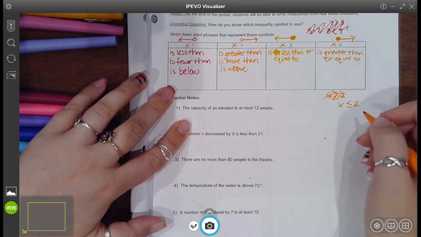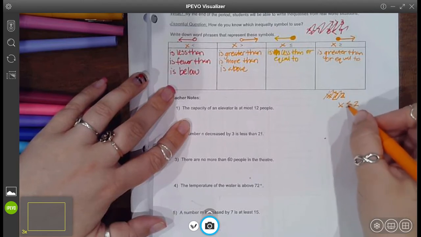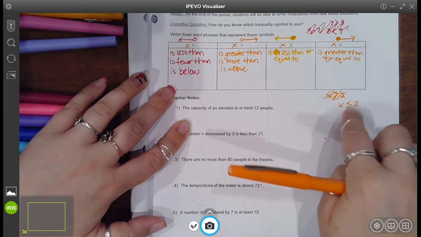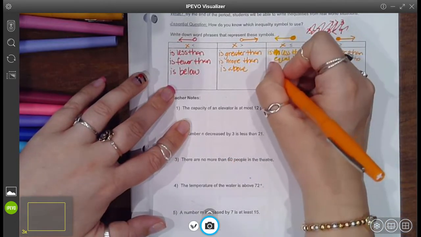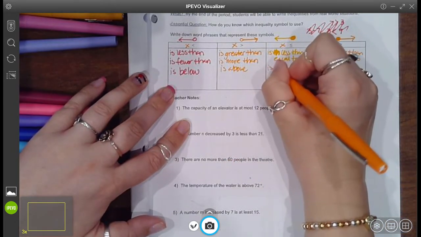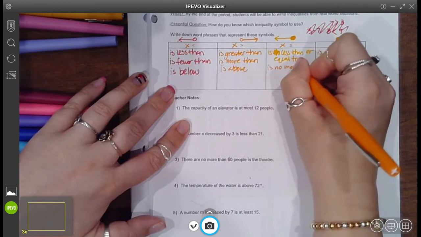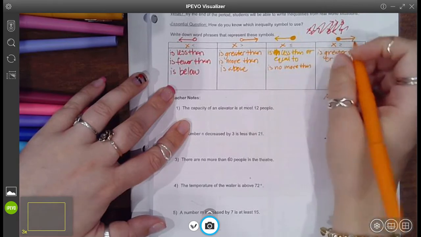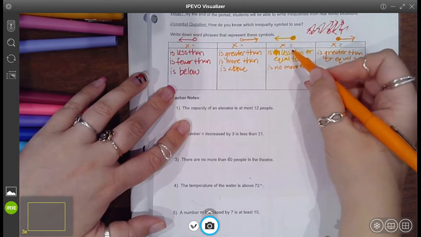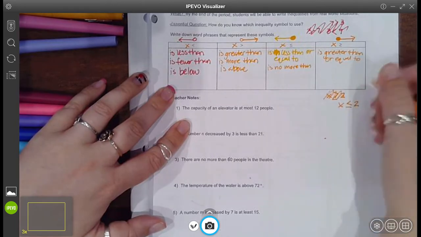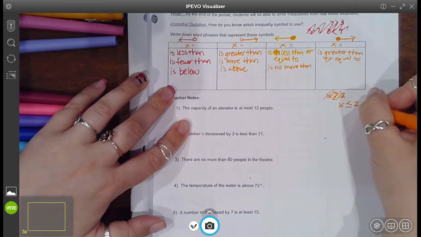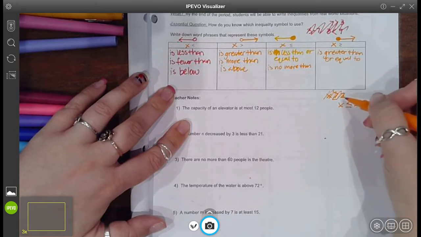And so that sounds like a more than sign, but it's actually a less than or equal to. So if it says is no more than, it's actually a less than or equal to sign, because it's including the value of 2, but it's also the values under 2.